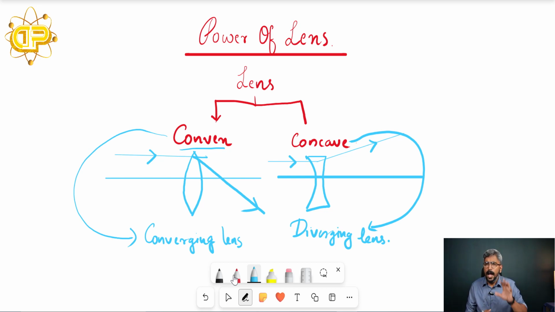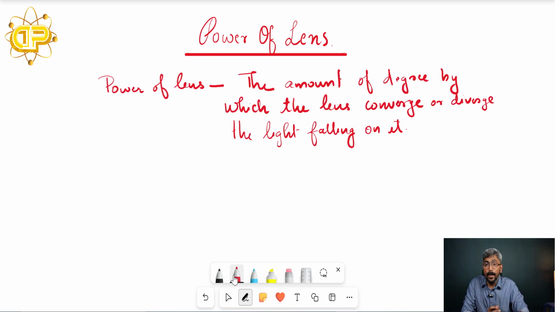We have seen that either the light will be converging or diverging on falling on this particular lens, specifically convex and concave lens respectively. So the degree of converging and diverging of the light falling on that lens is named as power of a lens. Power of lens is defined as the amount by which the lens is converging or diverging the light falling on it.